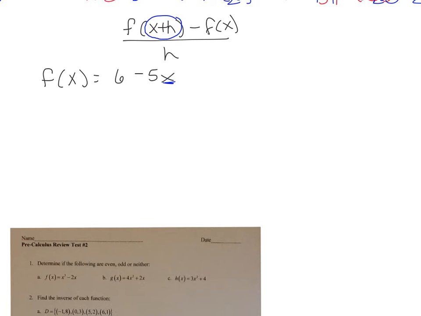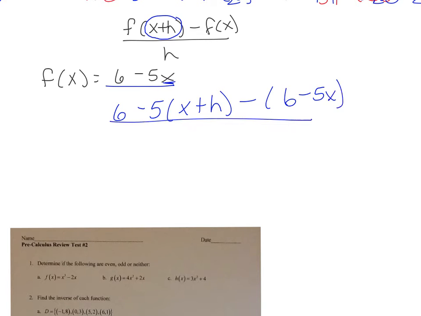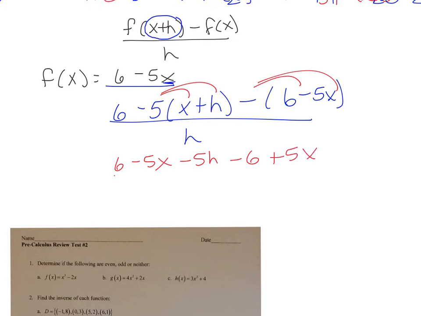So it's going to be 6 minus 5 times x plus h minus f of x, which is 6 minus 5x, all over h. All right, so I have 6, I'm distributing. I'm going to distribute here. Minus 5x minus 5h minus 6 plus 5x all over h.